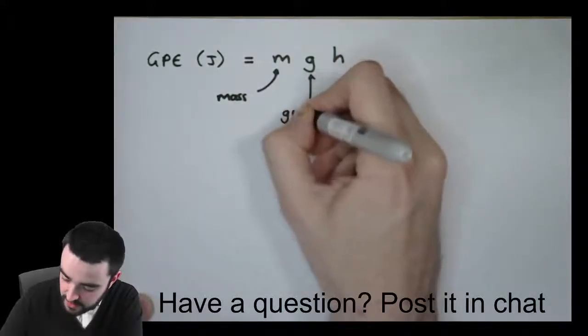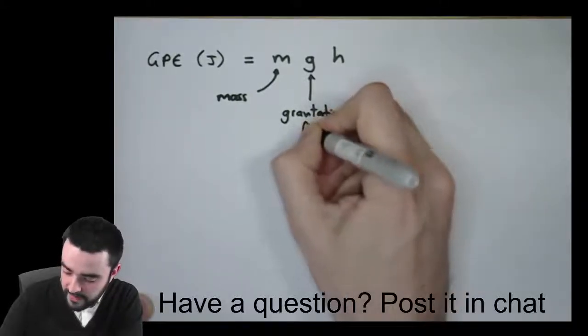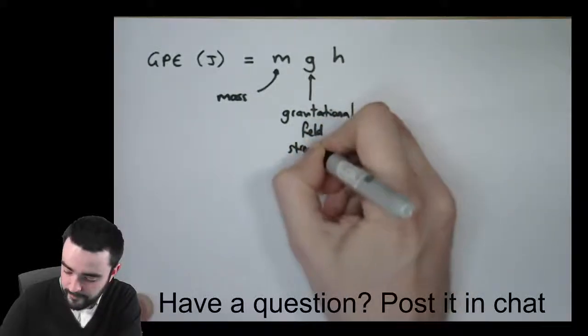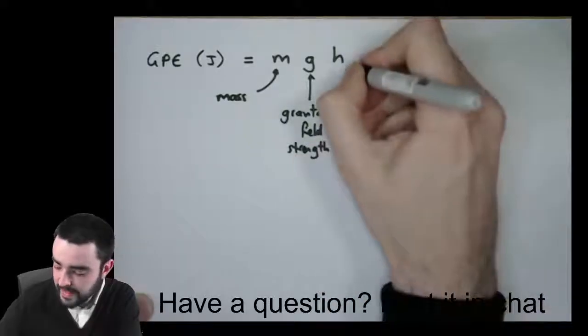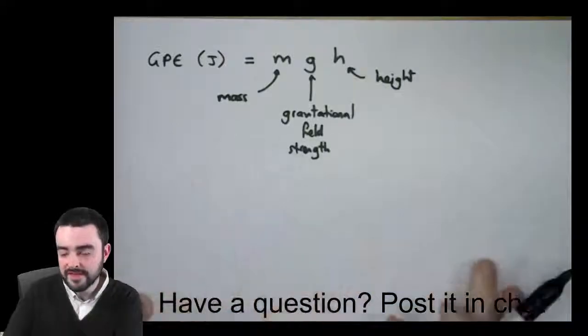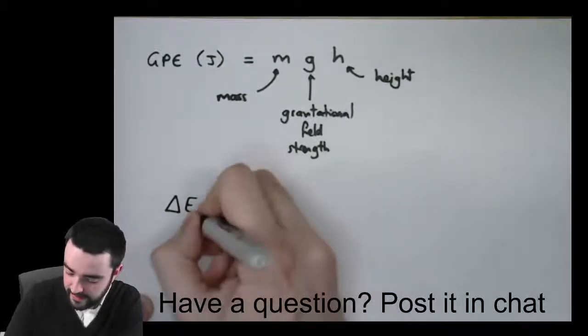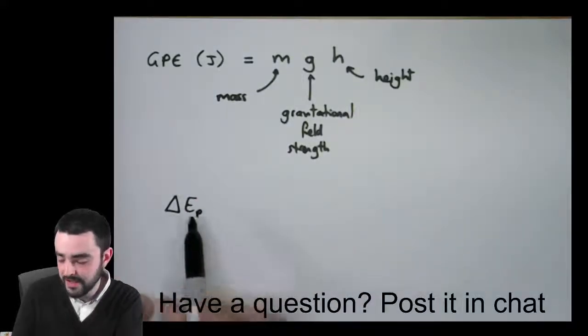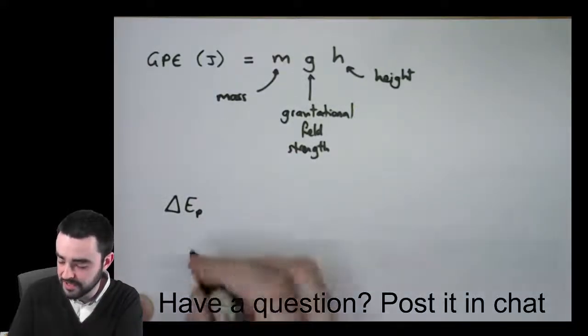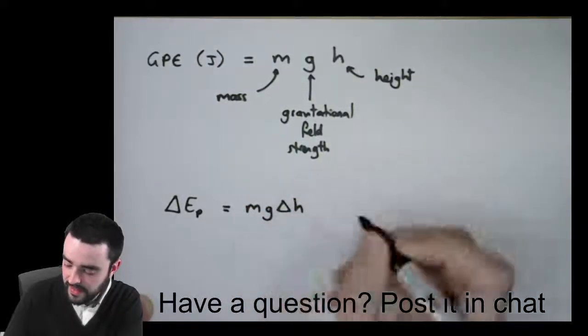Gravitational field strength. And h, that is the height. You might see this written as delta Ep, so the change in gravitational potential energy is equal to mg delta h.